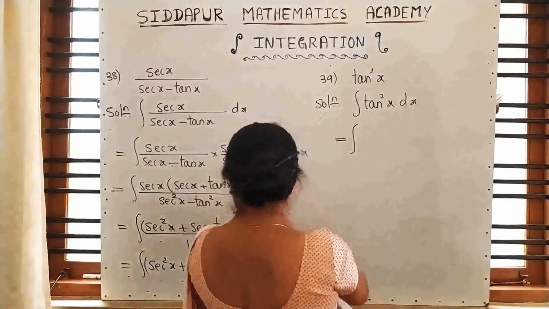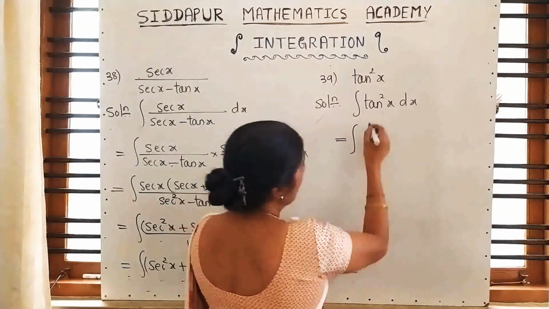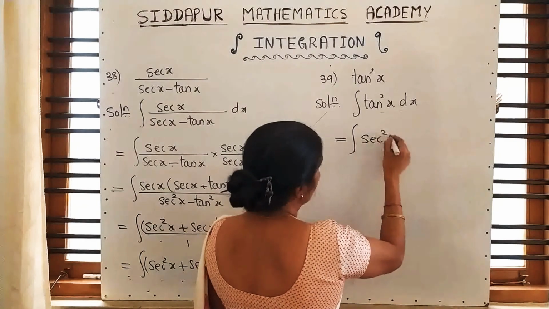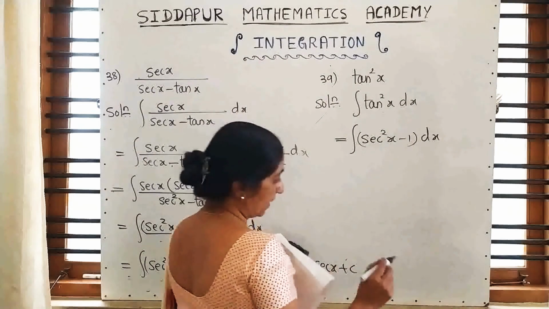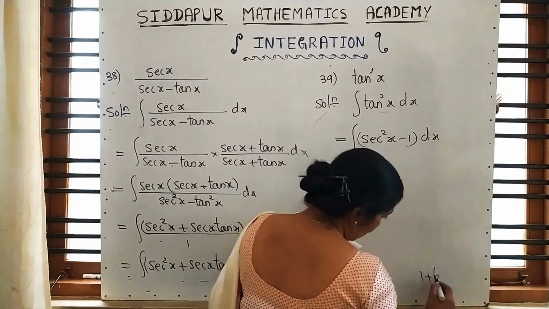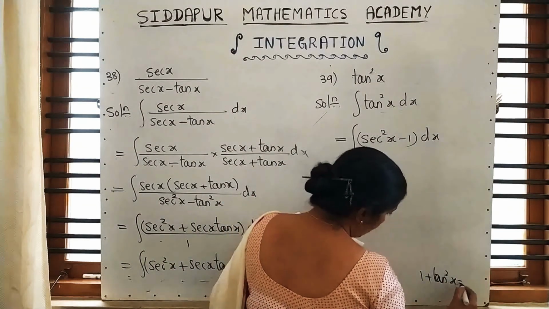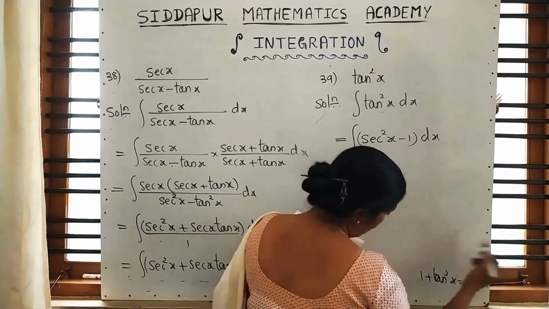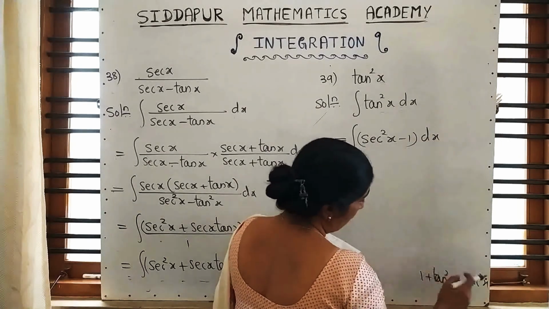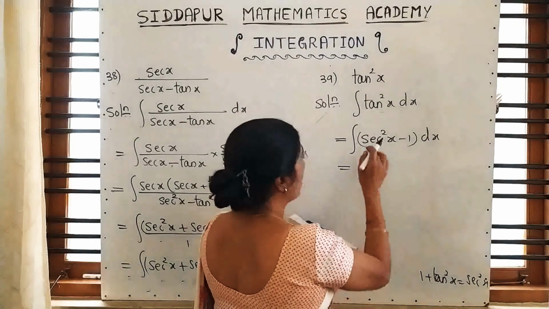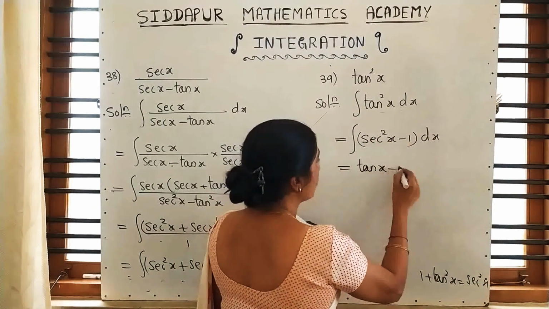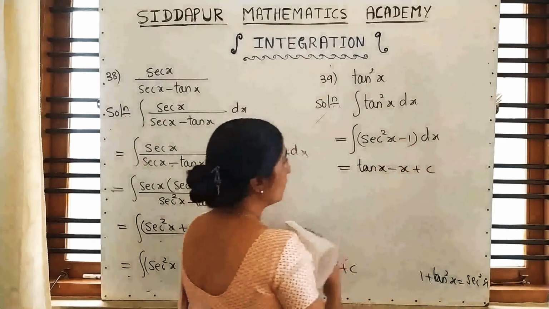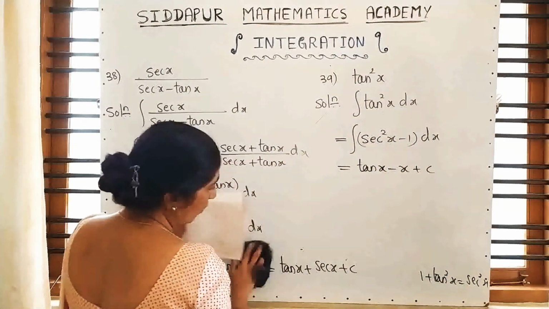But as we did use it in the previous formula, tan square x will be written as secant square x minus 1 with the help of basic identity. If you want, I will write that identity as 1 plus tan square x is secant square x. Take 1 on that side. Tan square x will be secant square x minus 1. What is integration of secant square x? Tan x. Integration of 1 is x plus c. Is it simple or what?